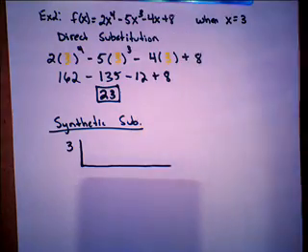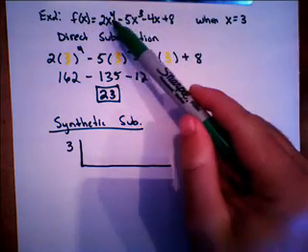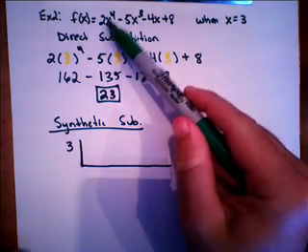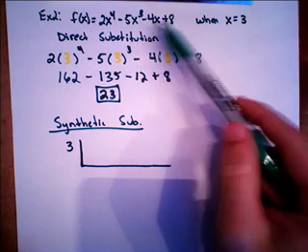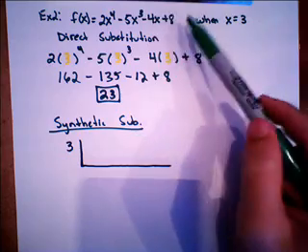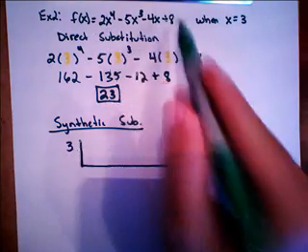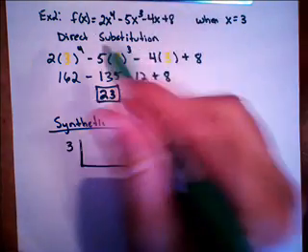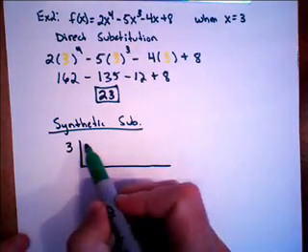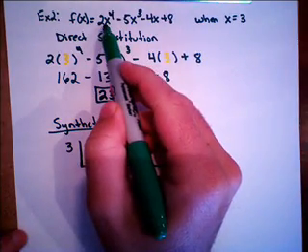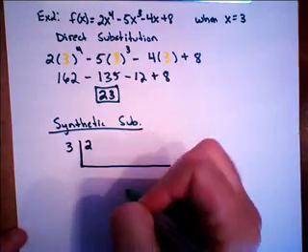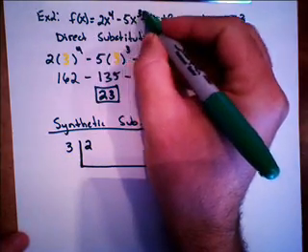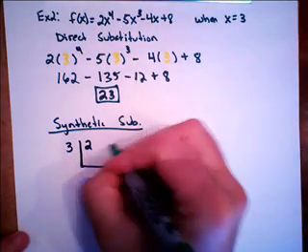And then hopefully this is in standard form, which it is: 4, 3, the 2 value where the exponent is missing, and then x to the first, and then no x. This is already in standard form, so I'm going to write out each coefficient right here. Starting with my highest exponent, x to the 4th, my coefficient is 2. Moving on to the 3rd power, my coefficient is negative 5.